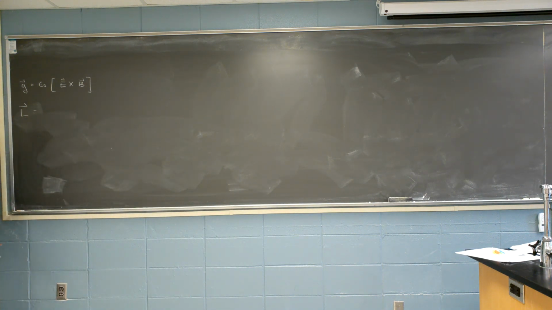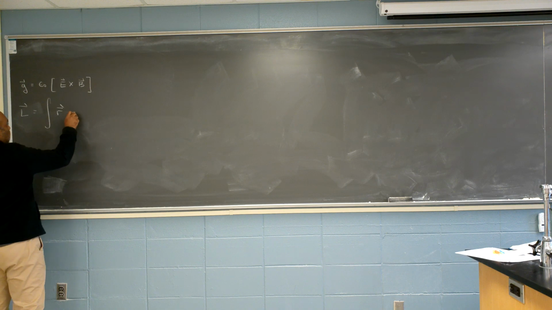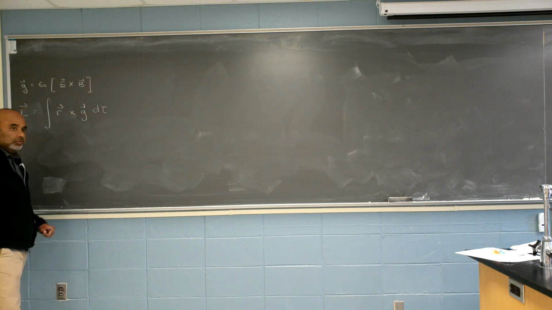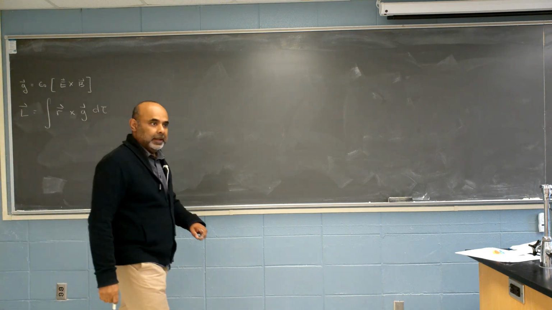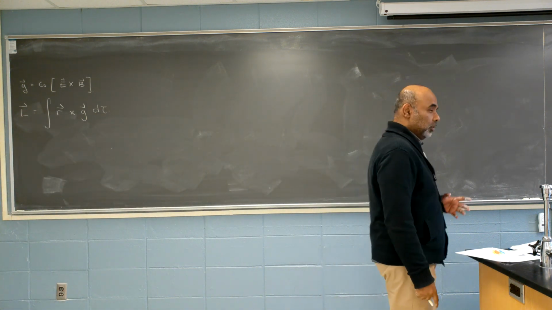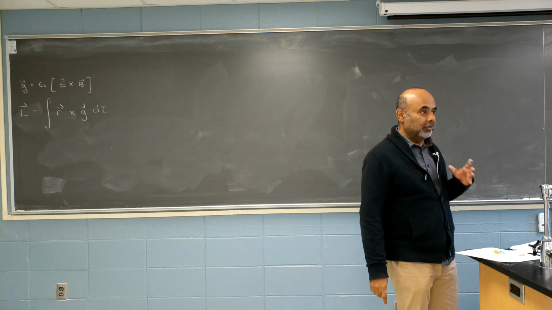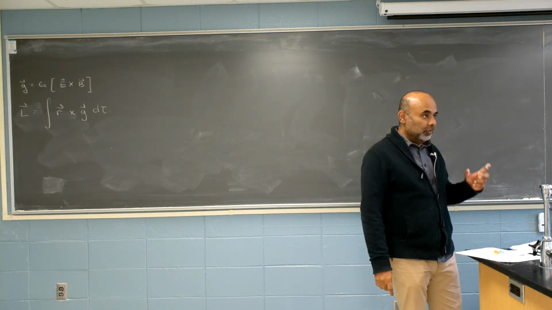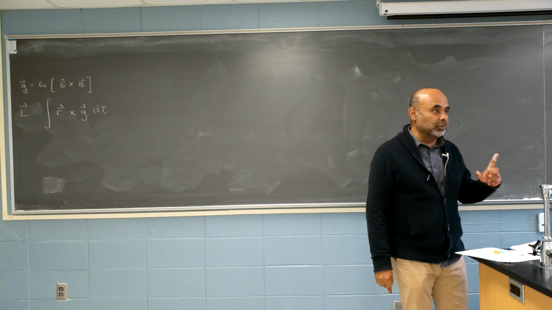You have to pick an origin, and R is computed about that origin, cross G d tau. So we need momentum for angular momentum. We need the ability for things to be able to rotate.